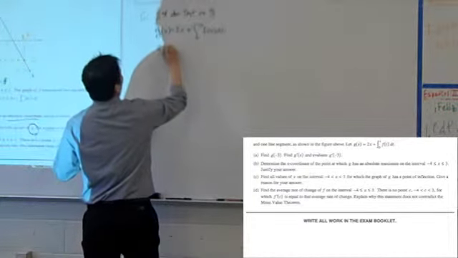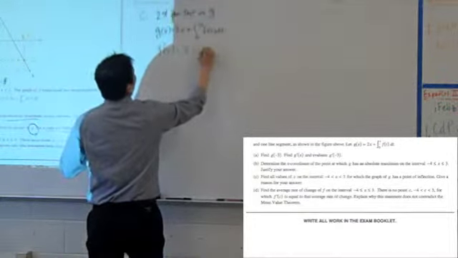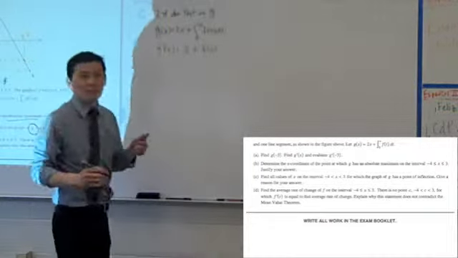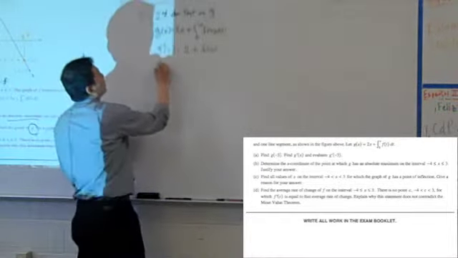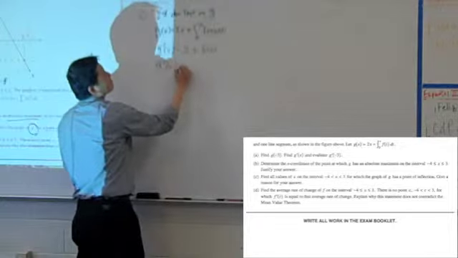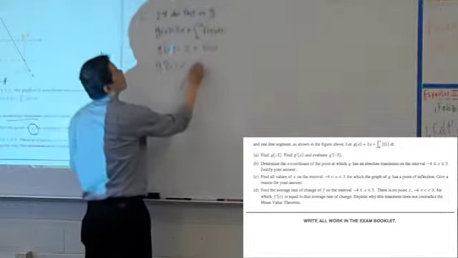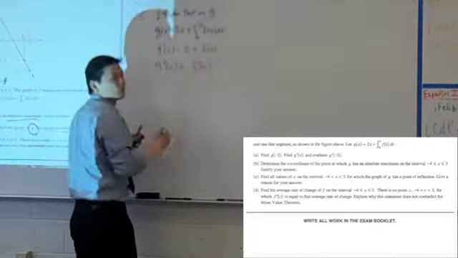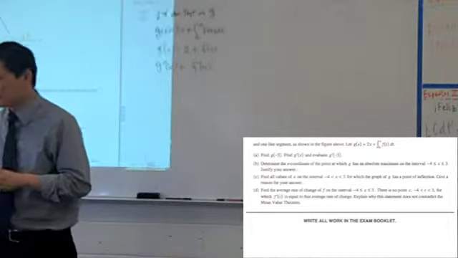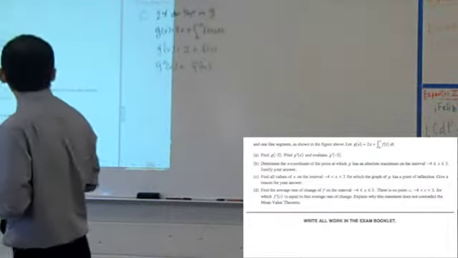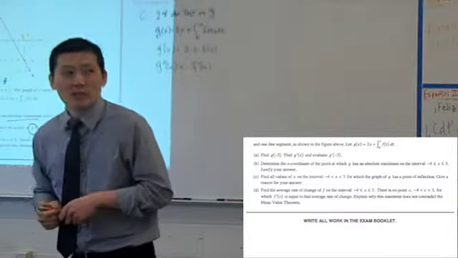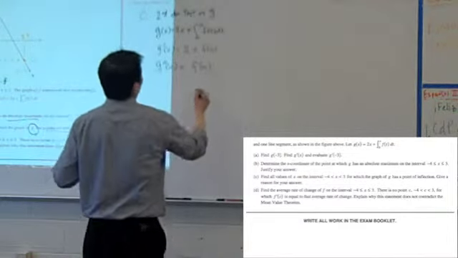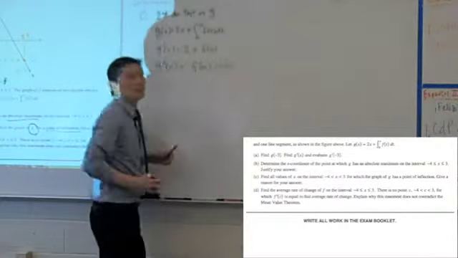We say g prime is equal to 2 plus f of x. Right? So what's g double prime? f prime of x. And we are setting f prime of x equal to 0.